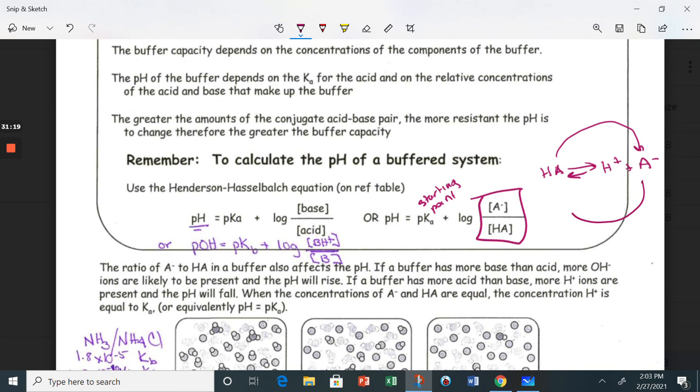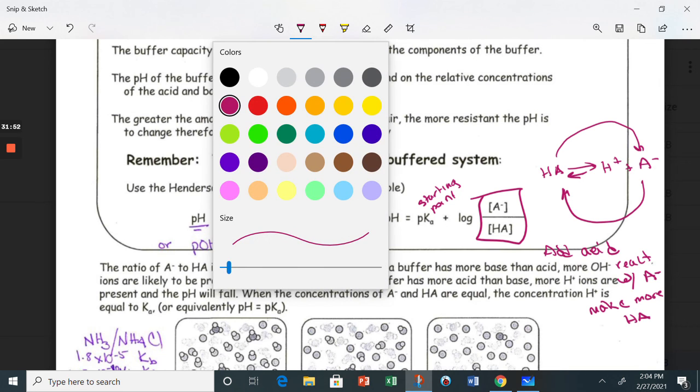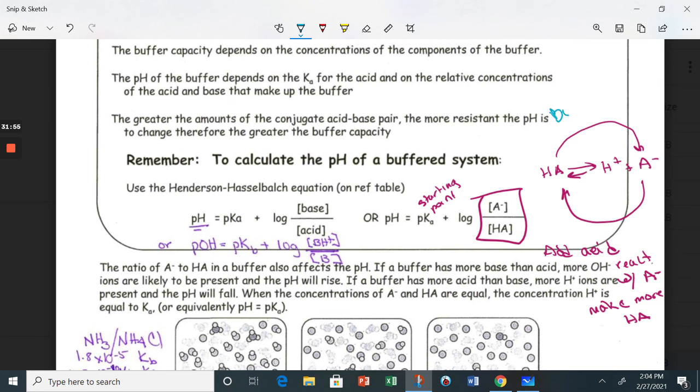So if I add an acid, I react with the A minus and make more HA. If I add a base, let me change my color. If I add a base, I react with this, right?